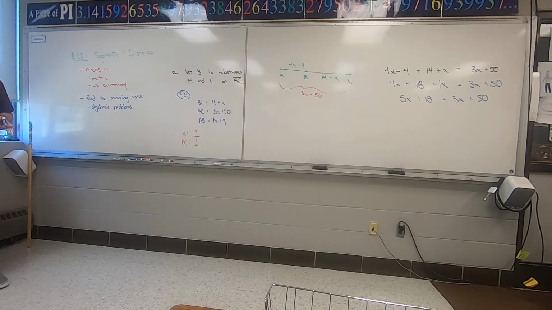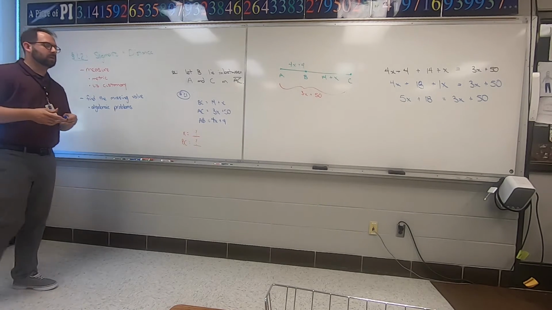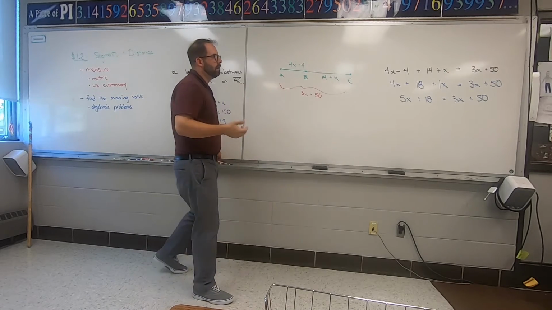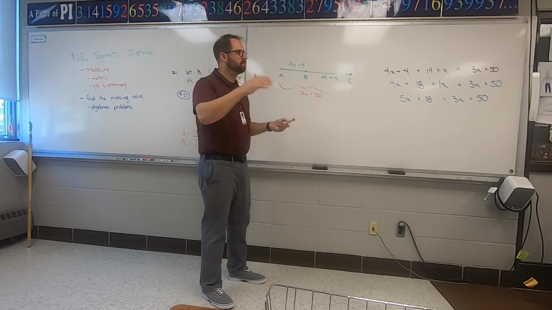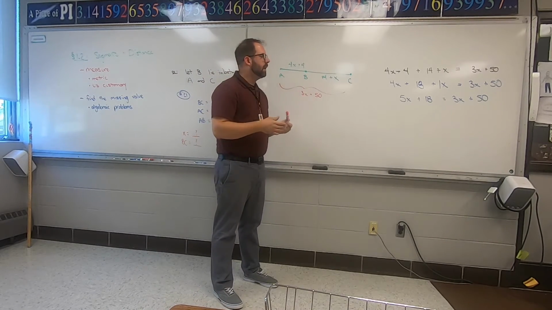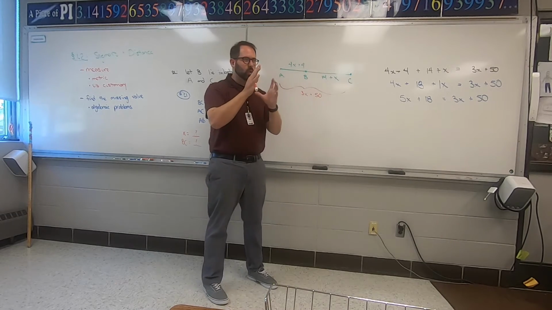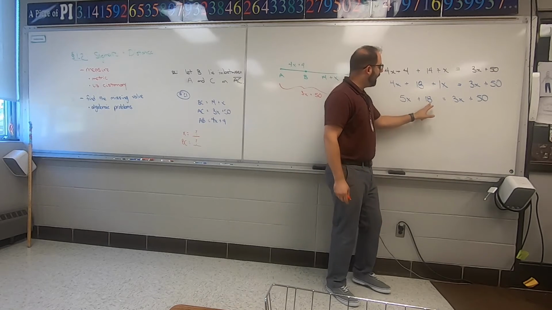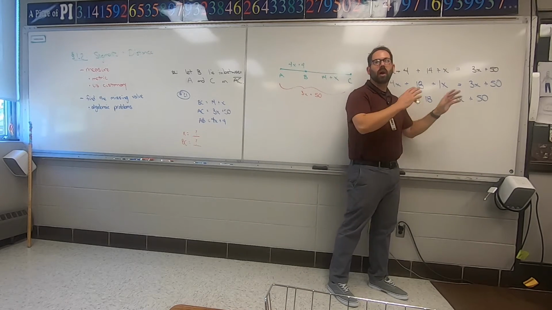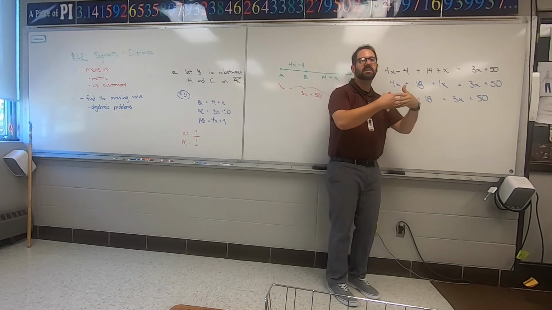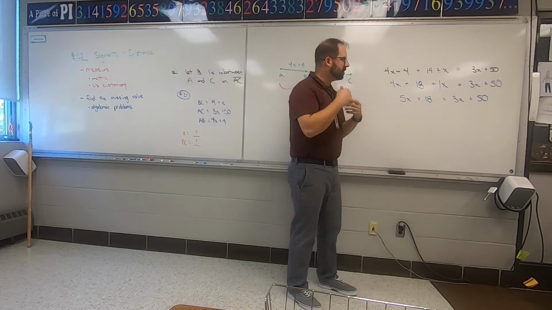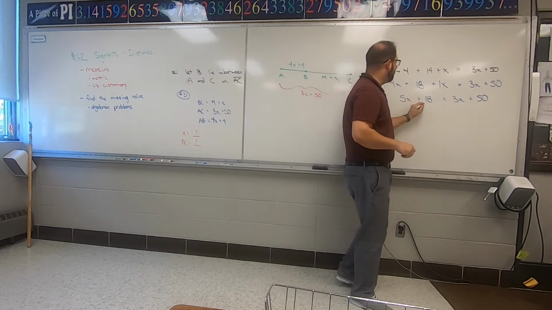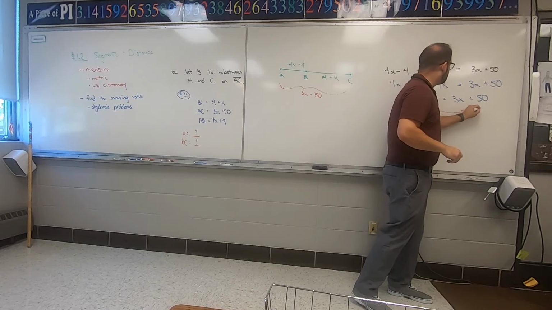So now what? You're going to cross over, you're going to take one of the numbers onto the other side. Exactly right. You're going to drag them across, you're going to subtract them, however you want to think of it. I'm a very visual person, so the way that I do algebra in my head is that I drag the 18 over here, and when I drag it across the equal sign, it becomes the opposite on the other side. That's just my visual aid. So I'm dragging the 18 across, and I'll subtract it over here.